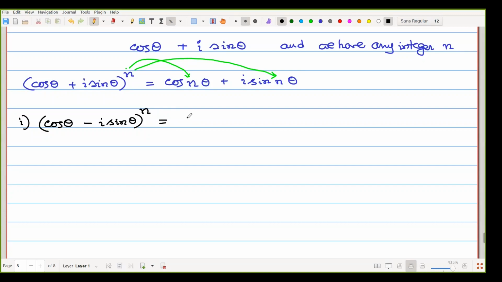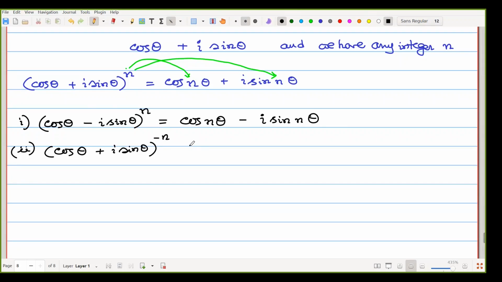So that is in the same way cos n theta minus i sin n theta. Second one, cos theta plus i sin theta whole to the power minus n.